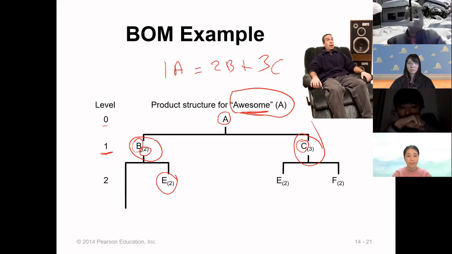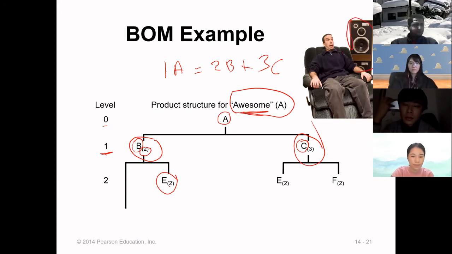This number represents that 2 of E become 1B. So in order to make 2B requires 4E. Understand? For example, this part here.